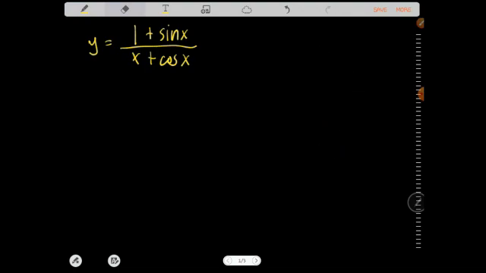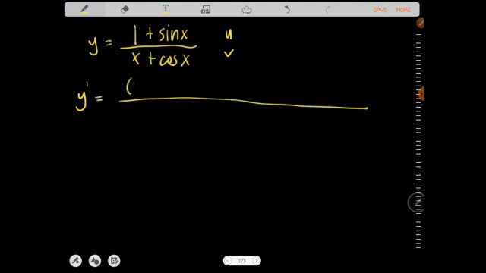So, in this case, pwede natin ipagpalagay na yung ating u dito ay ito nasa taas at yung ating v is yung nasa baba. So, in this case, y prime is equals to yung ating v, x plus cosine of x times 1 plus sine of x. Ito, i-differentiate natin to kasi du over dx yun, di ba? So, lagyan ko muna ng prime kasi hindi ko pa siya na-differentiate eh.